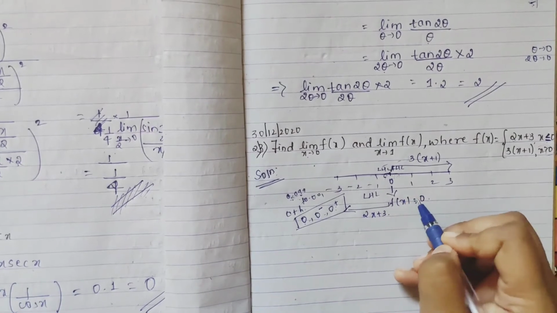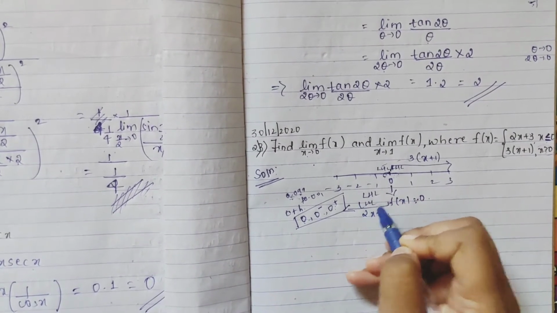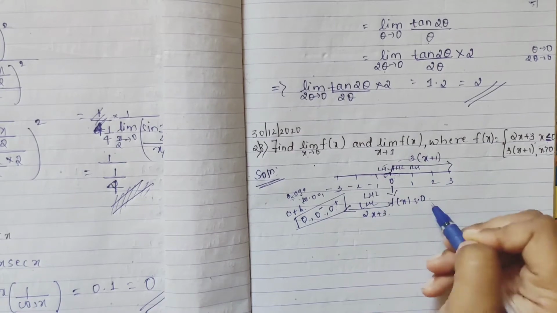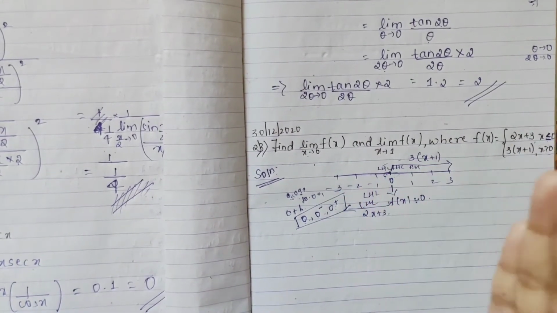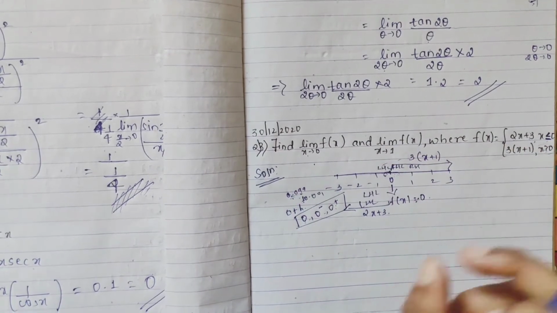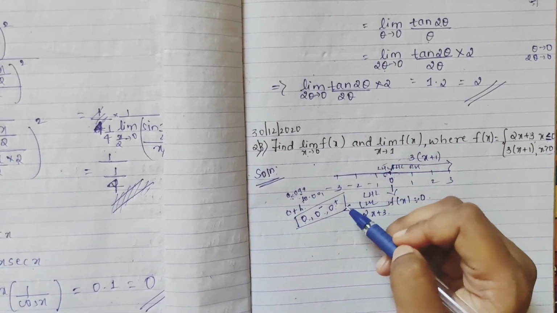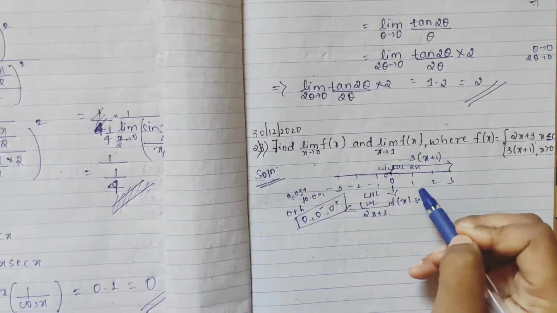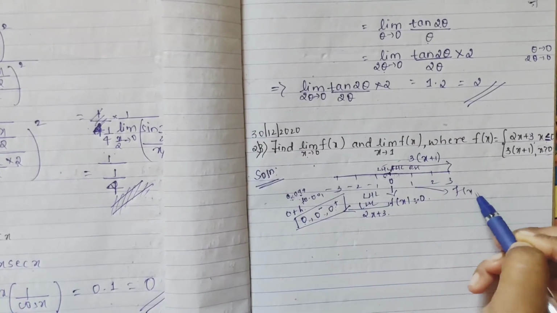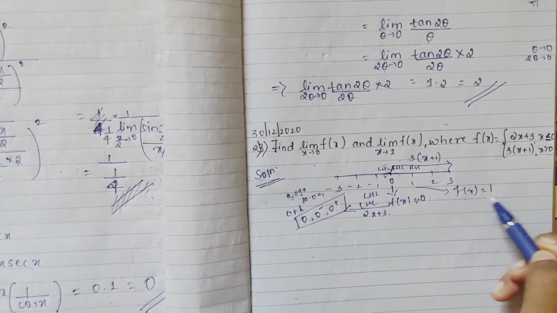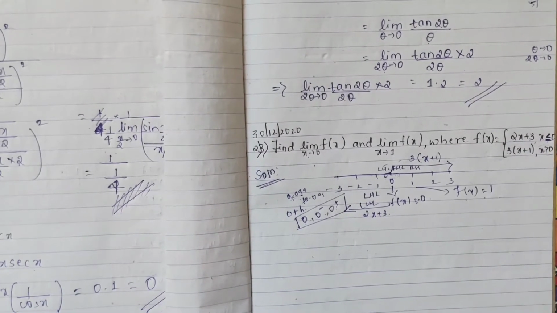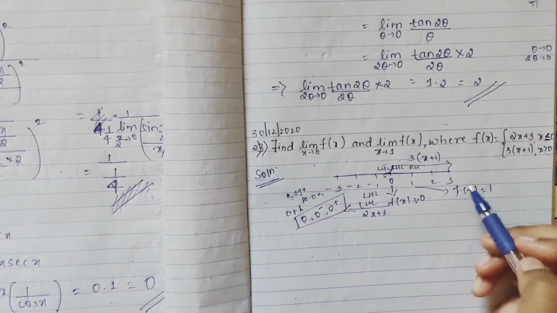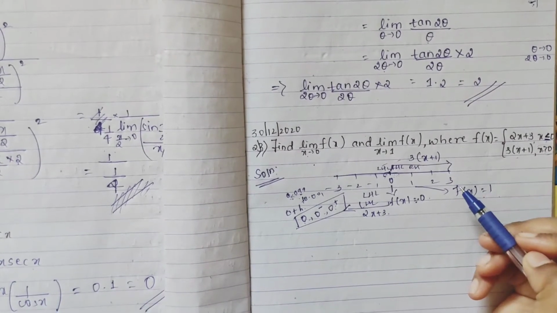If these 3 at 0, LHL and RHL, are equal, then you can tell the limit exists. The same follows for this part also. Limit f of x as x tends to 1, means x equal to 1. Obviously, your function for less than will be this and for greater than will also be this function. Okay.